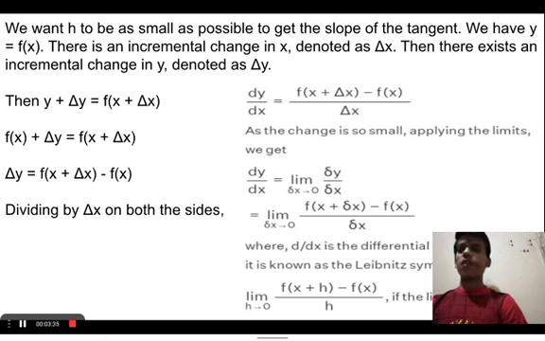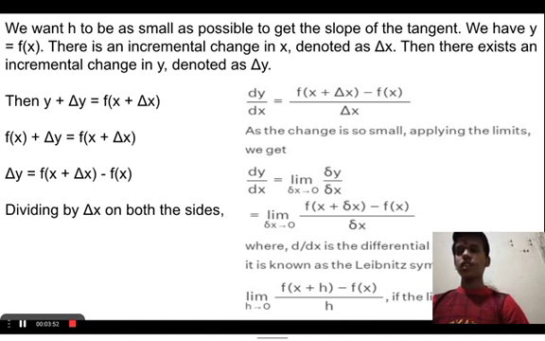We have y equals f of x. There is an incremental change in x denoted as delta x. This is a very small change. Then there exists an incremental change in y denoted as del y. That is a small change in the function.